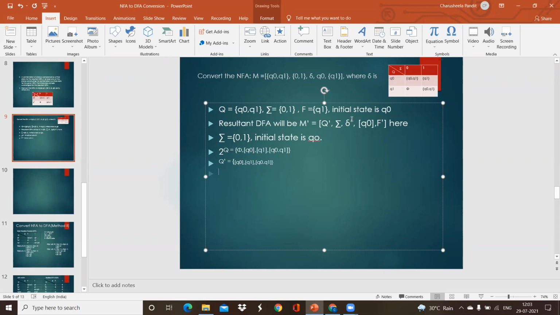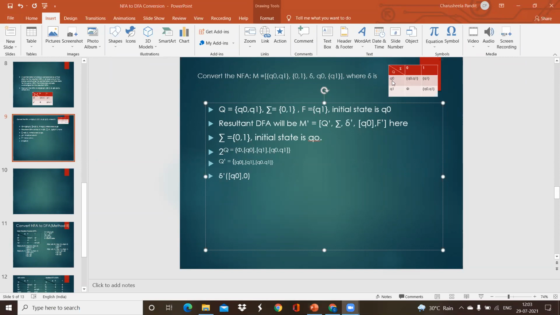So delta dash for, let's say, the first state Q0 on input symbol 0. For that, you can see the state transition function of NFA.